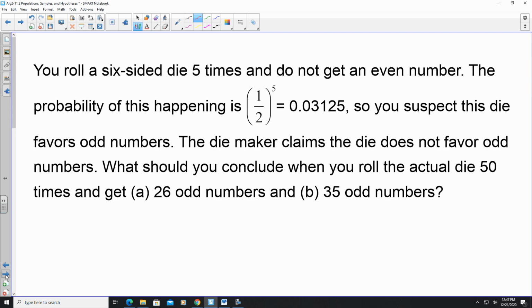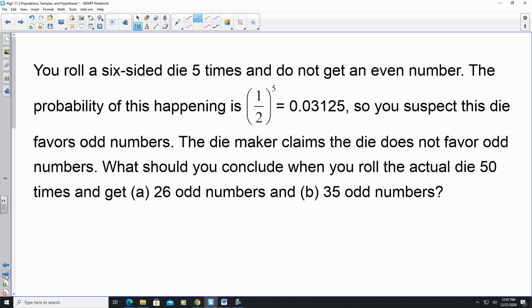All right. Last thing here, it says you roll a 6-sided dice 5 times and do not get an even number. The probability of this happening is 1/2 raised to the 5th power, which is 0.03125.